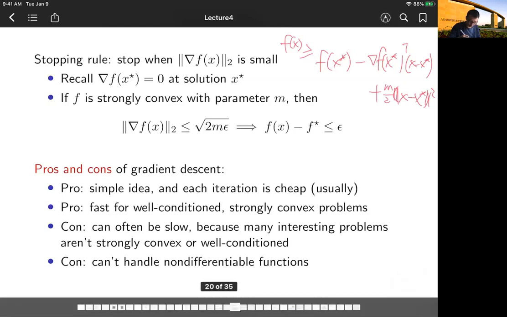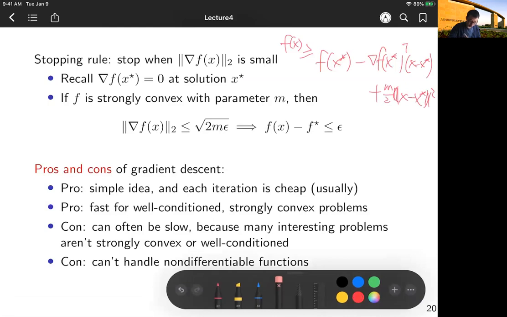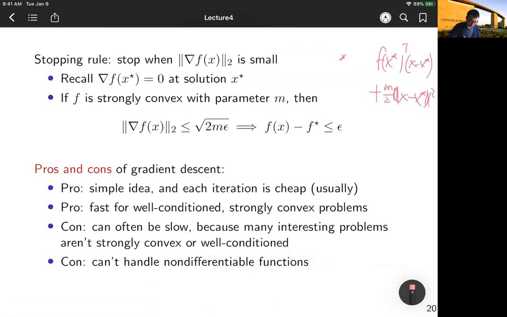Yeah, forget it. This is the wrong side that we are applying this first order condition.